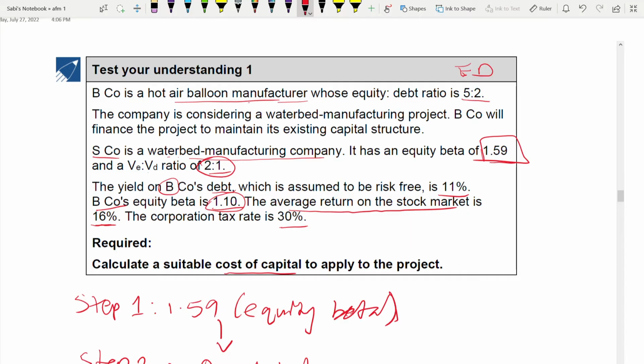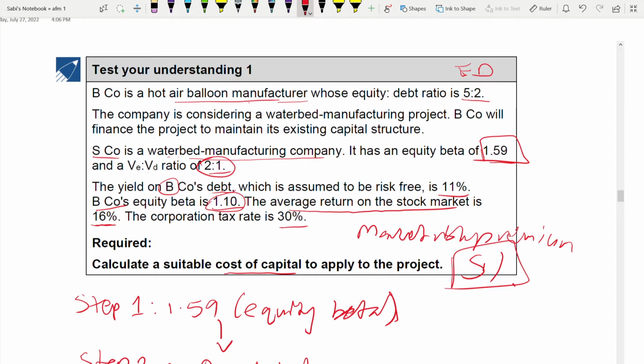When they say market premium or market risk premium, let's say 16 minus 11 is how much? 5%. Let's say they have given market risk premium 5%. When they have given it like this, take this 5% as it is. No need to minus the risk-free rate.